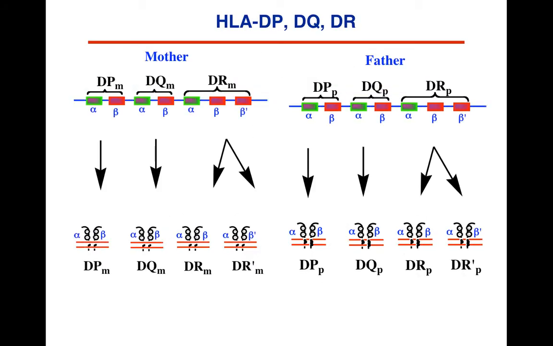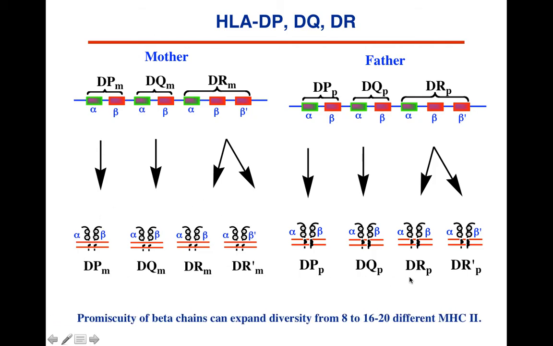So if we take that one step further and look at the mother and the father, now combining this as a diploid, you could express minimally 8 of these. There could be 8 of these, but there are in fact many more. You can have the father's alpha, for example, binding to the mother's beta, and vice versa.